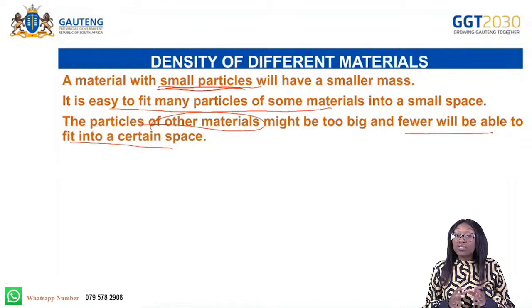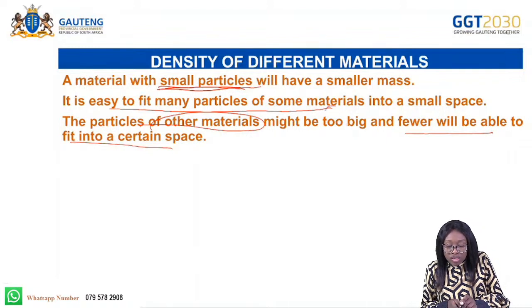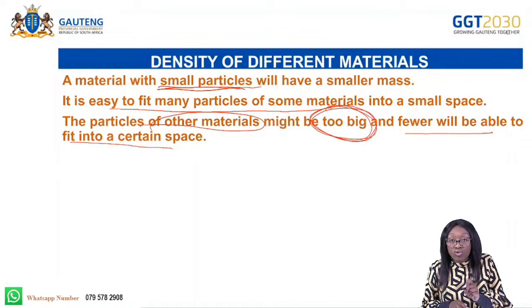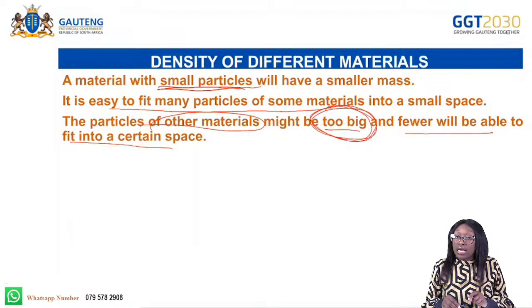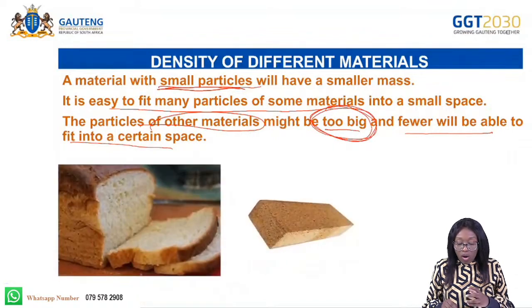And then some atoms are bigger because they have more electrons and protons. Which means those big atoms or big molecules or big compounds will be too big to fit into the same space, which means that you'll be able to fit fewer of them.